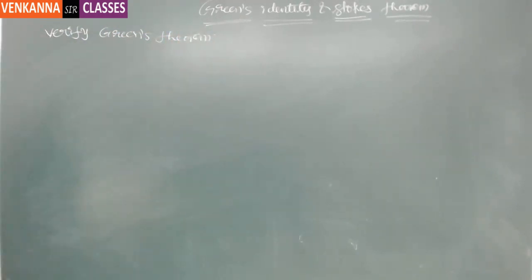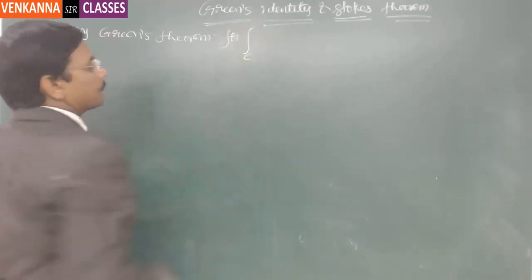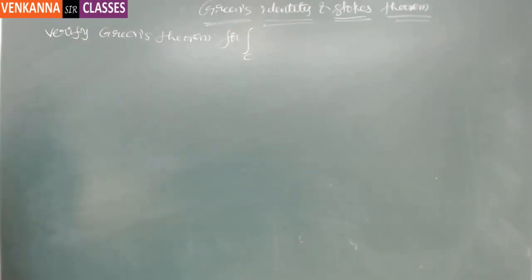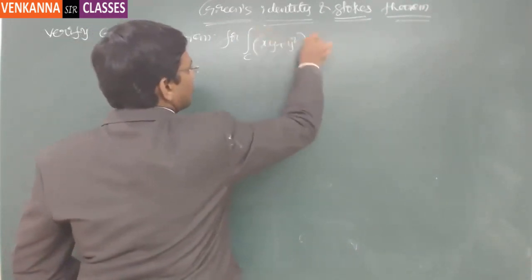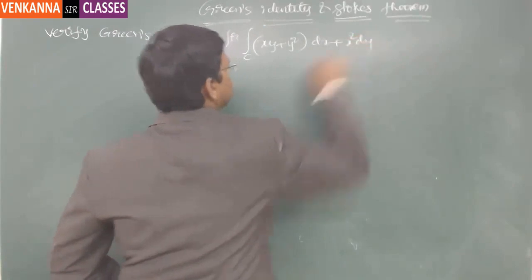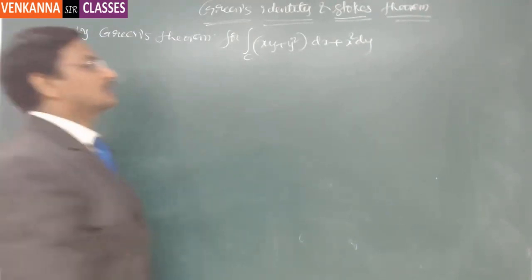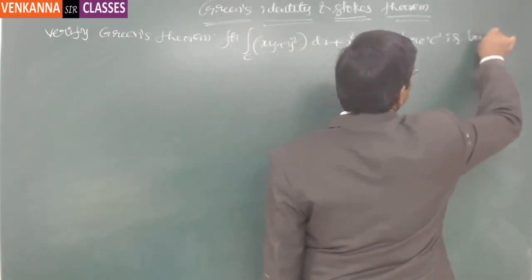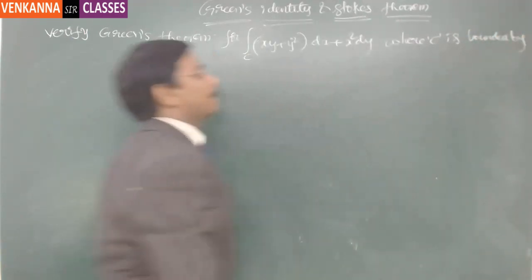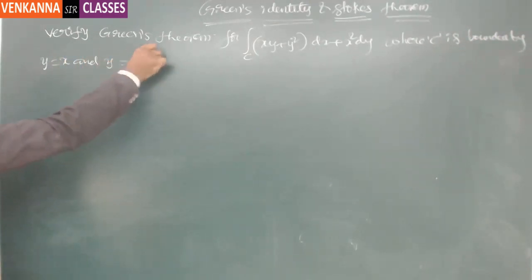Verify Green's theorem for the integral over the contour C of (xy plus y square) dx plus x square dy, where C is bounded by y equal to x and y equal to x square.